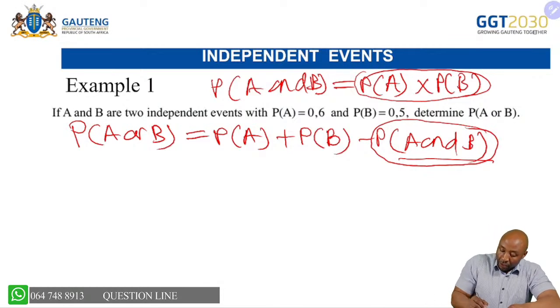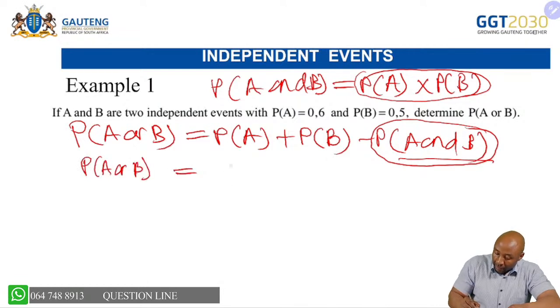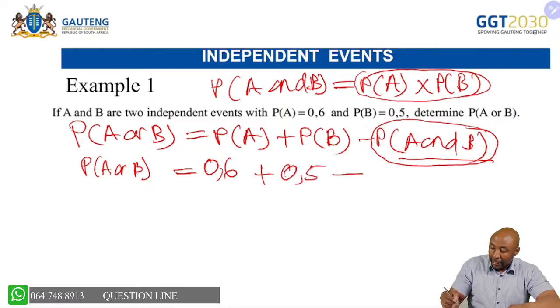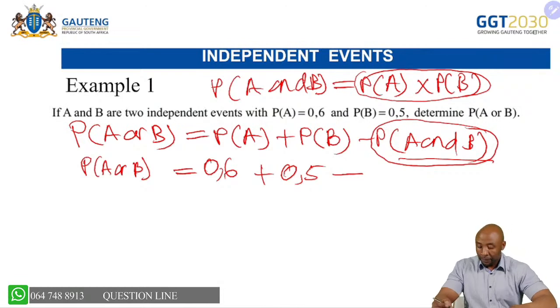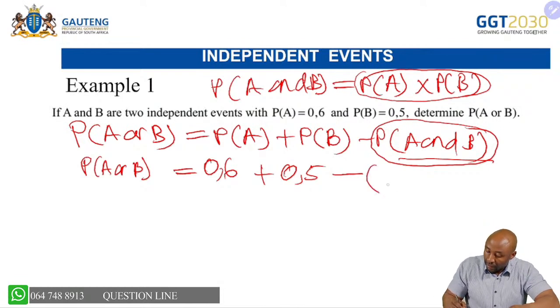Let's do the substitution. We want the probability of A or B. So this will give us the probability of A is 0.6 plus the probability of B is 0.5 minus, and to get the probability of A and B we will use the product rule, which gives us 0.6 multiplied by 0.5.